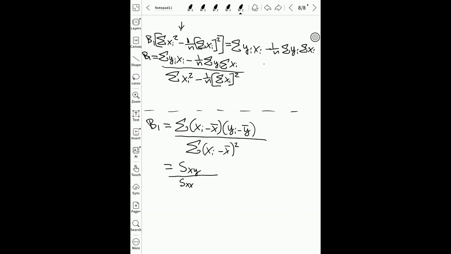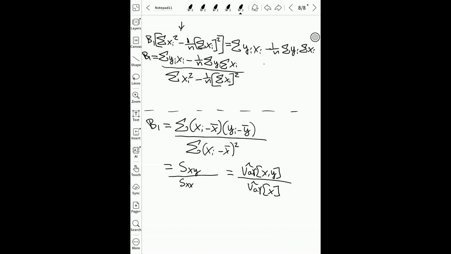Just to be clear, the sample covariance of x and y is the sample estimator for the covariance of x and y, over the estimator for the variance of x, just to make that perfectly clear.